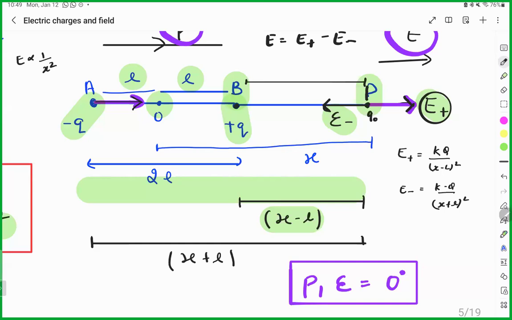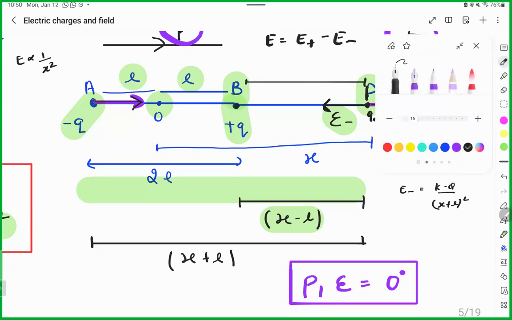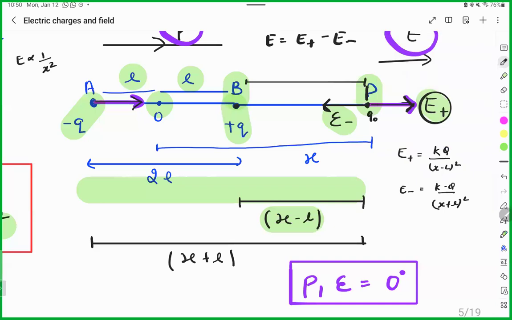So Brinda, tell me which electric field will be more, E positive or E negative? E positive, because of less distance. Less distance means more electric field.